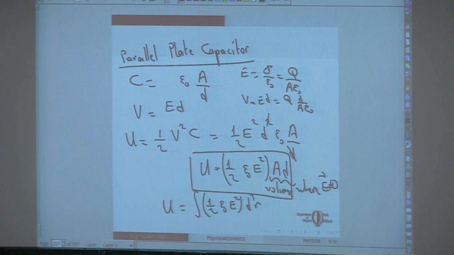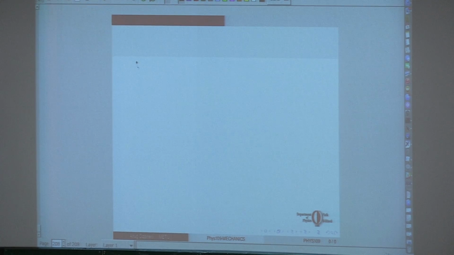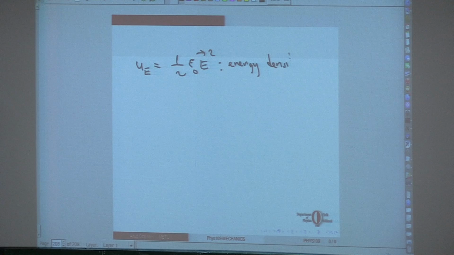But for any charge distribution, creating some electric field somewhere in certain regions, maybe in all of the universe, the potential energy can always be also written like this, where we call this quantity over here, UE equal to 1 over 2 epsilon 0 times E squared, the energy density in the electric field.